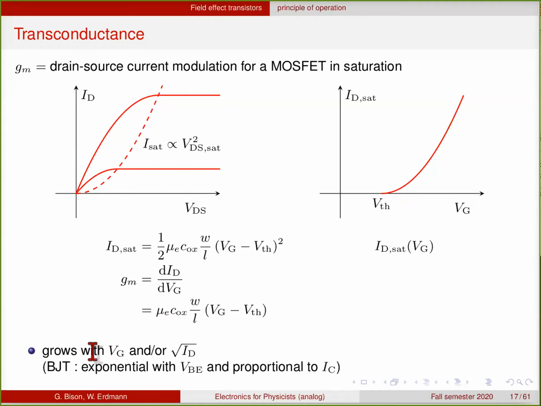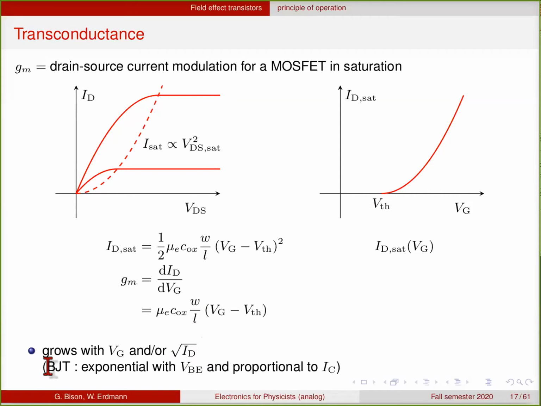So the thing to note here is that this grows linearly with the gate voltage. So if you increase the gate voltage, you increase your GM, which is an important parameter for amplifiers, for instance. Or you can, if you need higher GM, also increase the drain current, but it only grows with the square root of the drain current. So that's not terribly steep.